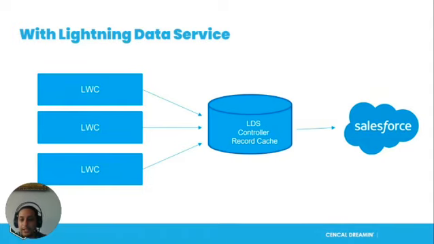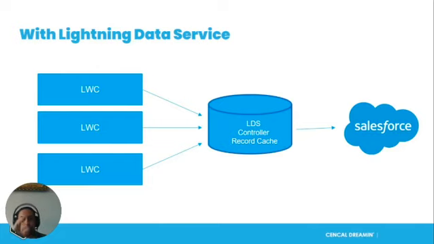Using a client-side shared cache across all components, Lightning Data Service also maximizes performance. When a record is cached, it's retrieved from the cache, eliminating unnecessary calls to Salesforce. And the data service maintains consistent, up-to-date data across multiple components and clients through the app lifecycle.